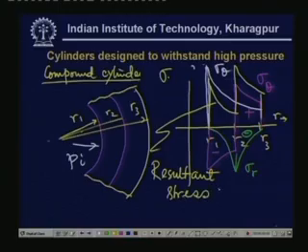Now, one thing is clear, that although we have a large pressure here, the tensile stress in the circumferential direction is quite small. And in the outer cylinder, of course, tensile stress is quite large, but if we select the initial pressure properly, then we can select it in such a way that these two stresses are comparatively the same.